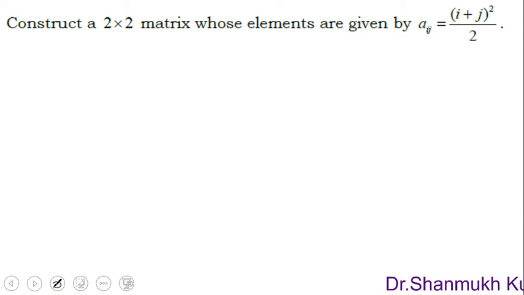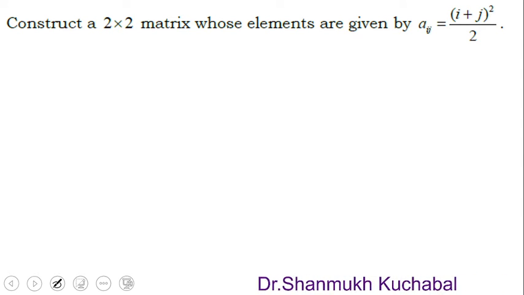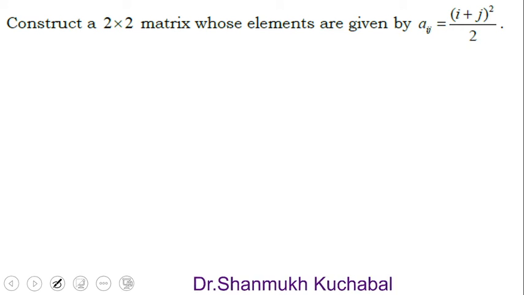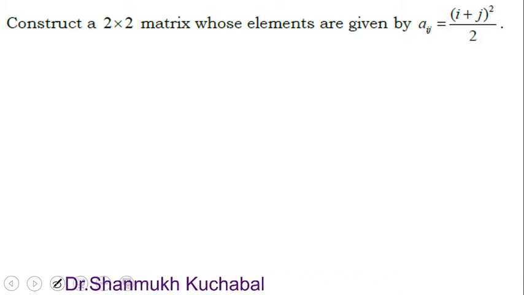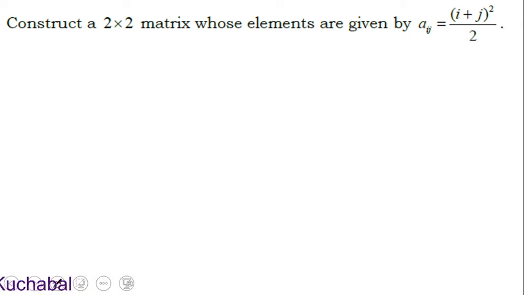Another type of question is where you are given aij. Here it is given as (i plus j) whole square divided by 2, and we have to construct a 2 by 2 matrix. So the question is: construct a 2 by 2 matrix whose elements are given by aij equal to (i plus j) whole square divided by 2.